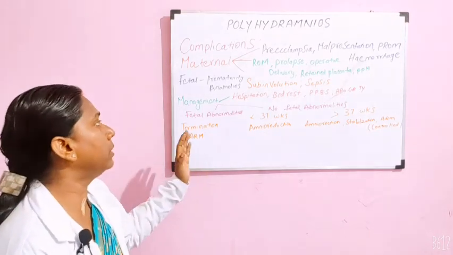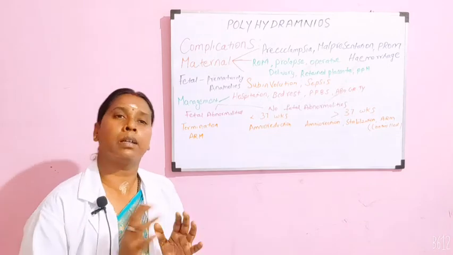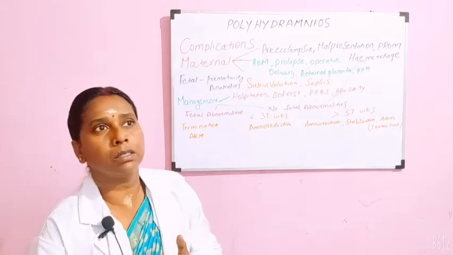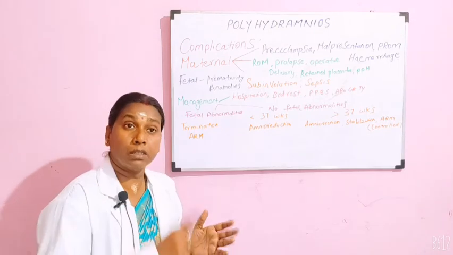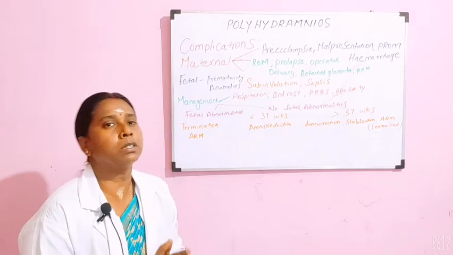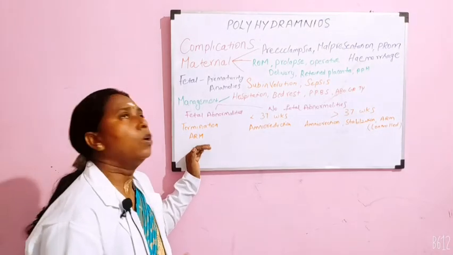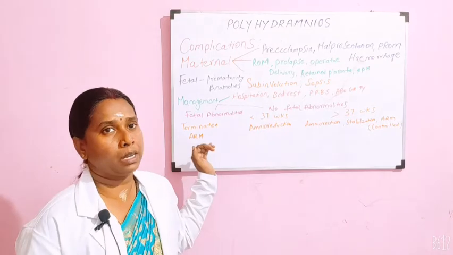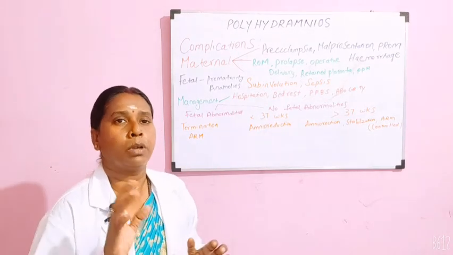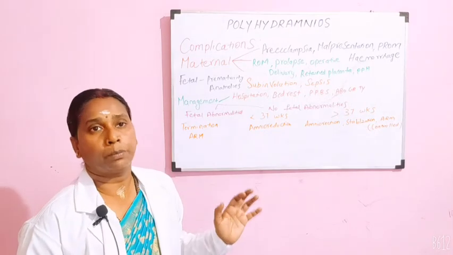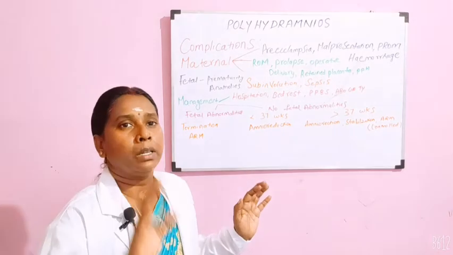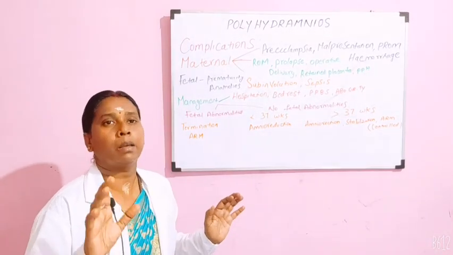When there is a fetal abnormality, that is a congenital anomaly, suppose you think about renal agenesis or anencephaly or a major congenital open spina bifida, in all those conditions you have to go in for termination of pregnancy if it is an early pregnancy. So you have to go in for artificial rupture of membrane and terminate the pregnancy when there is an abnormality of the fetus.